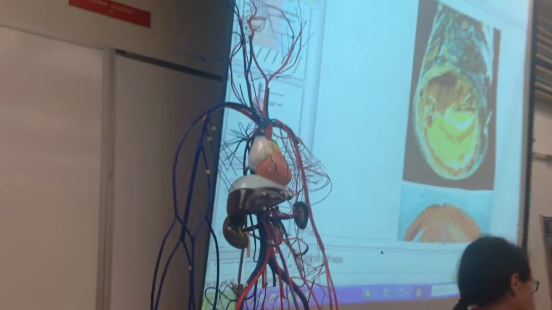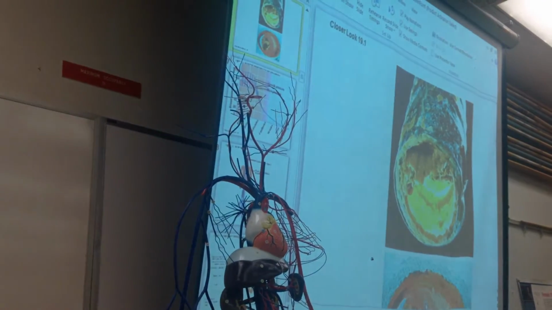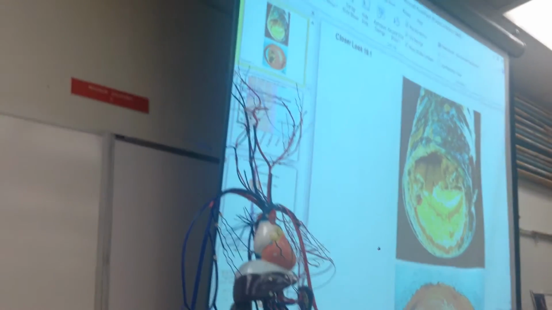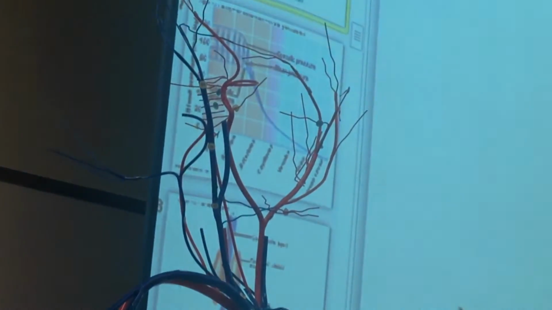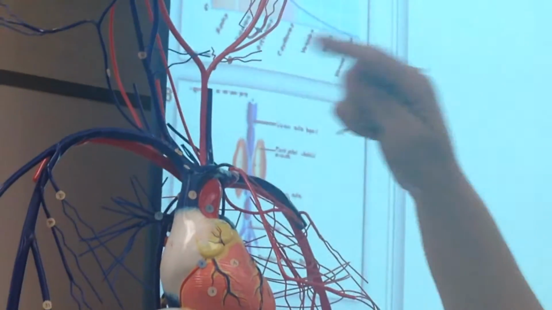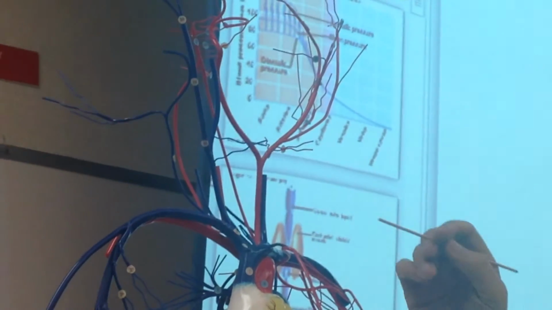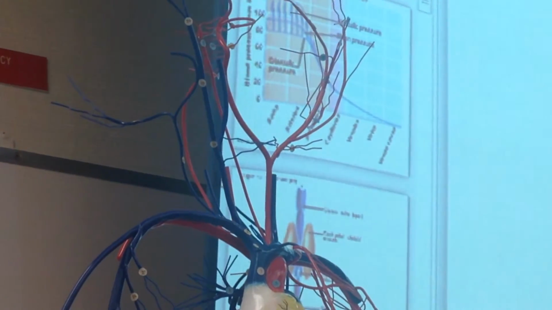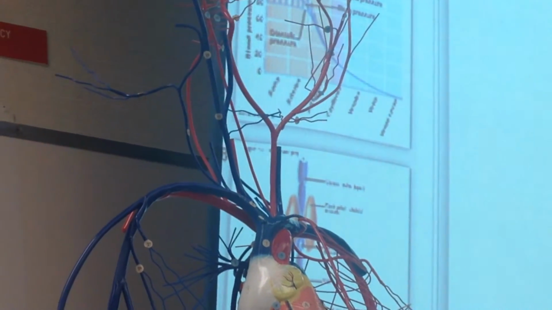All right, let's look at this bit up here. You probably want to zoom in for this bit right here. It's kind of hard for me on this bit because I'm short, but I'll do what I can here. Okay, so this right here, this is the second branch off of the aortic arch. This is going to be the left common carotid, so it is going to branch again.